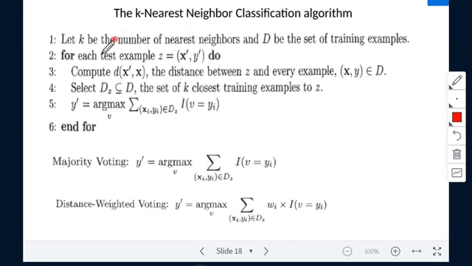So here is the algorithm, the same algorithm as the flow chart I showed you. Let k be the number of nearest neighbors and D the set of training examples.